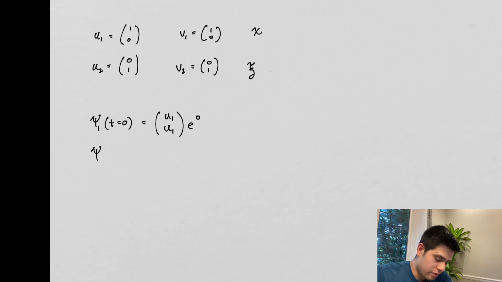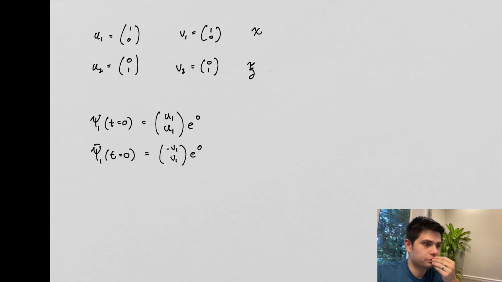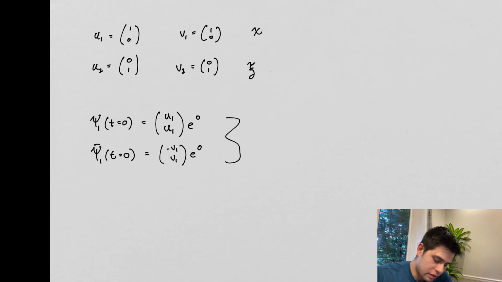If I did the same thing for my adjoint at time equals 0, that's just going to be v1 at time 0. Putting these together, we get phi 1 at time equals 0 minus phi 1 at time equals 0.